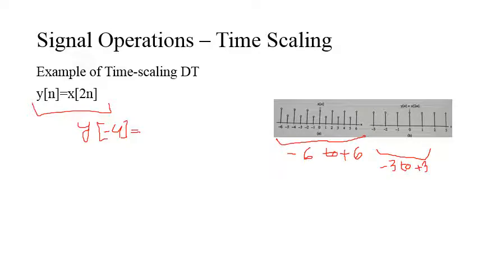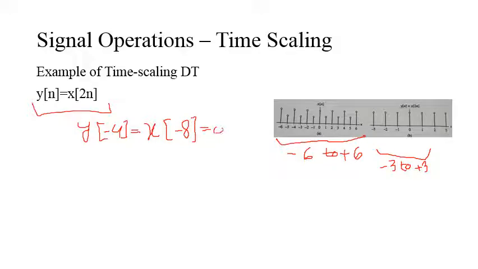So y of -4, replacing n by -4, that will be 2 into -4 which results into -8, right? You know, because it has non-zero values from -6, and at -7, -8, -9, it is 0, so that means it will be 0.